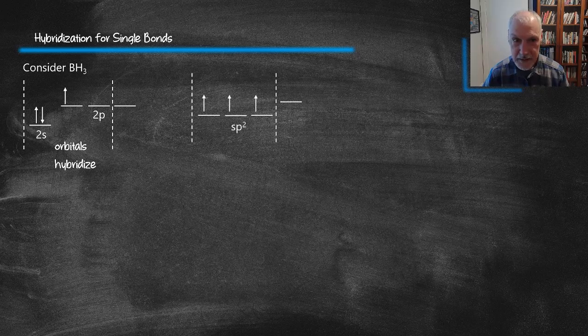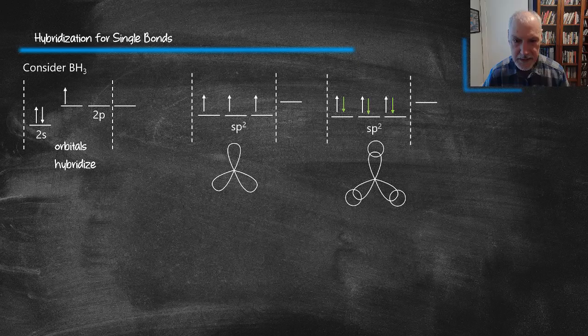They would then blend and make the following arrangement, an sp2 arrangement. This is trigonal planar in shape, with bond angles of 120 degrees. Along comes hydrogen that connects at the end of each of these orbitals in our sigma bonds, and we end up with this trigonal shape that we have for boron trihydride.